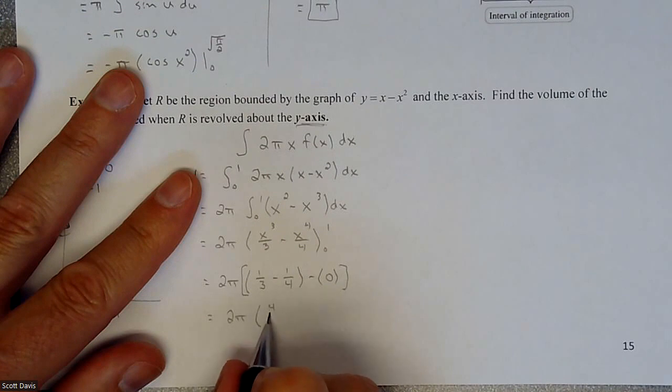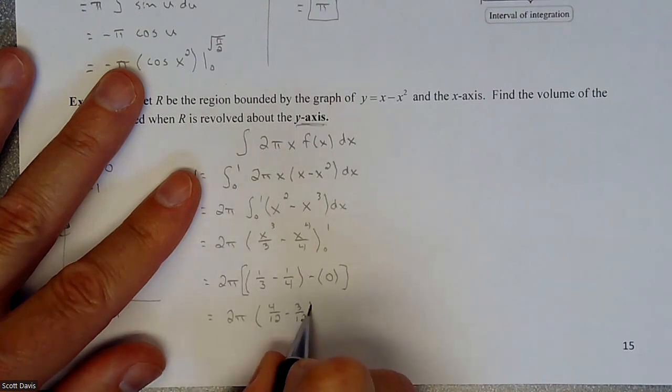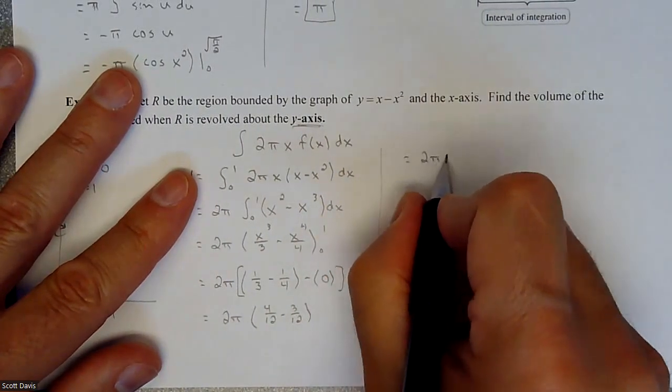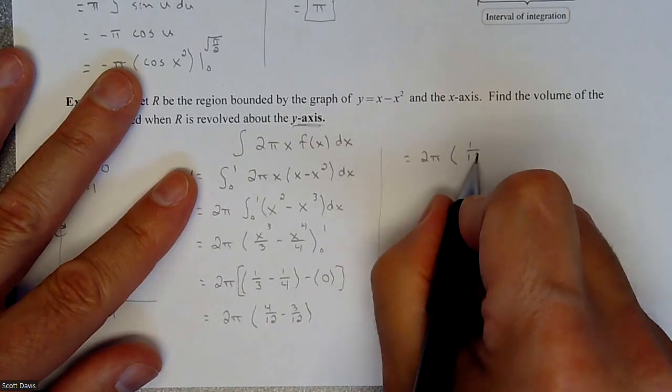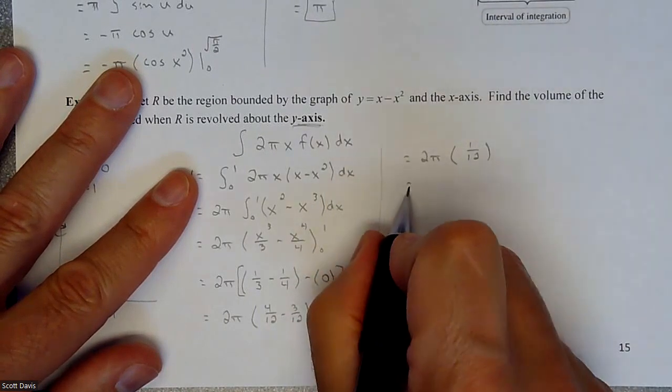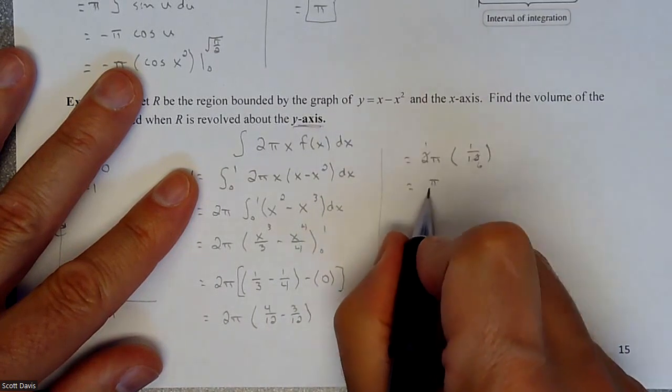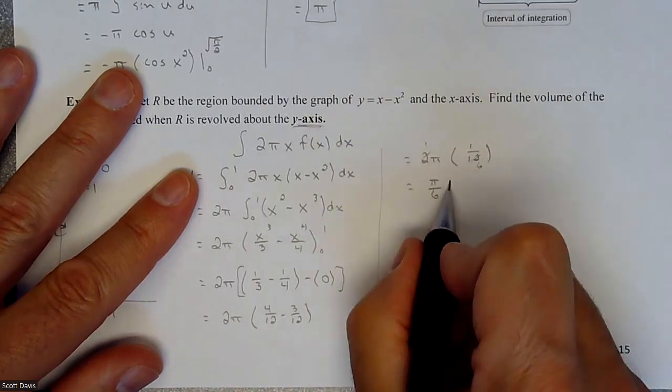This is going to be 4/12 minus 3/12. So 2 pi times 1/12. If we multiply that, pi over 6 is our volume.